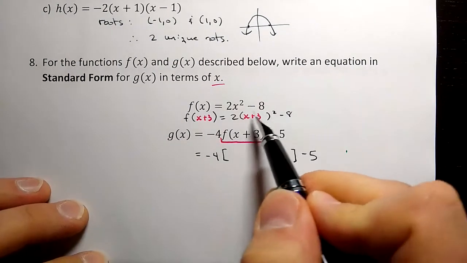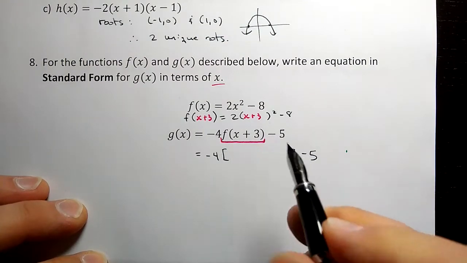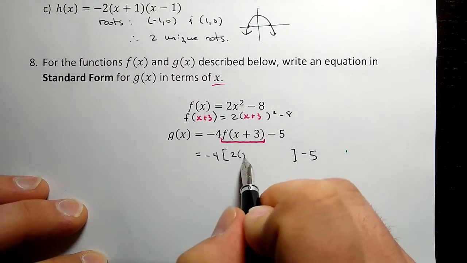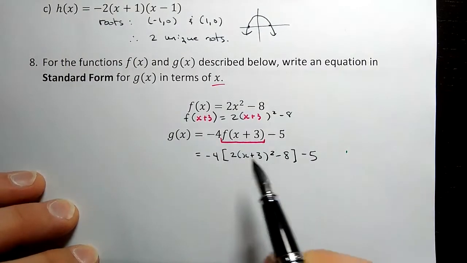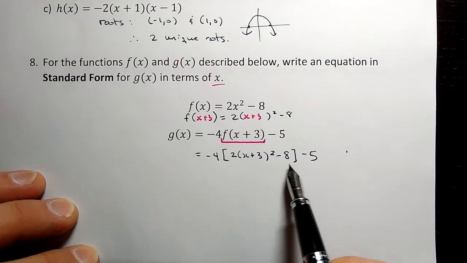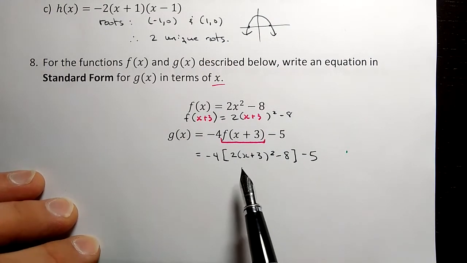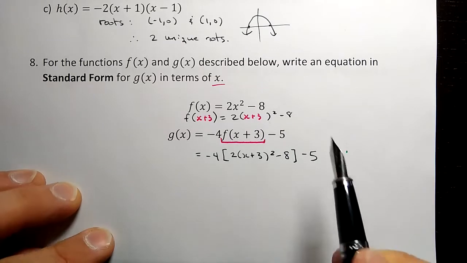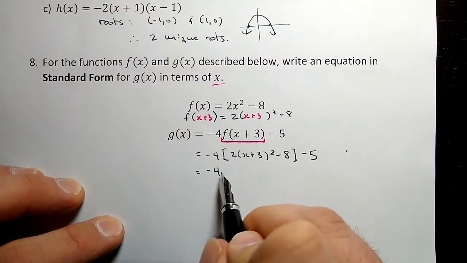So this is all going to be inserted here for f of (x plus 3). 2 times (x plus 3) squared minus 8. Now take a look. This has no f anywhere in it. It has an x. It's not in standard form. We need to expand and simplify all this. There's not a ton of space here, so I might have to combine a couple of little steps.